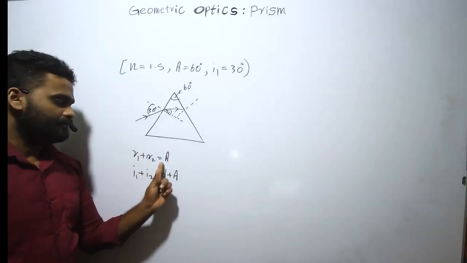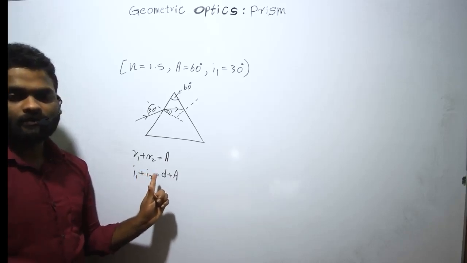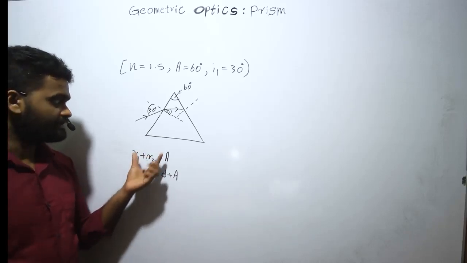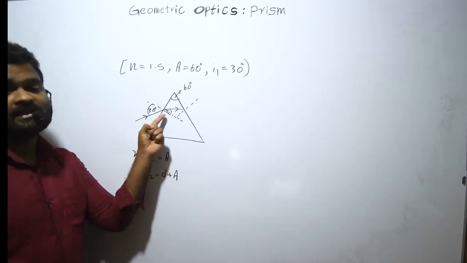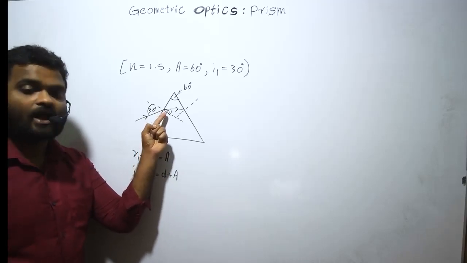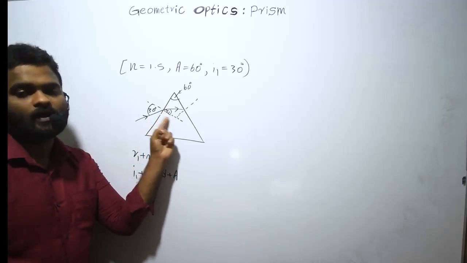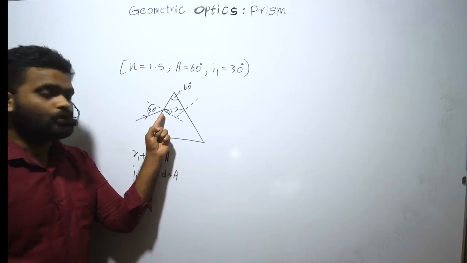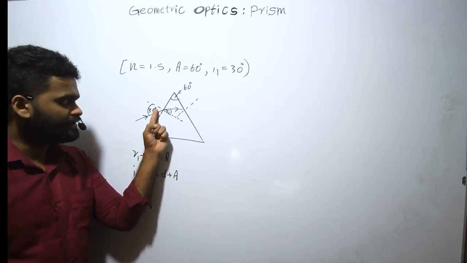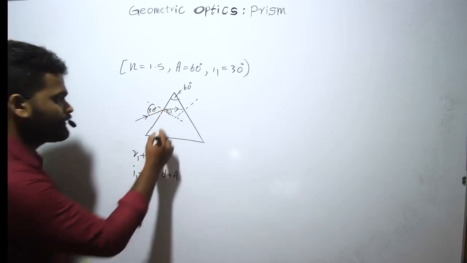So we can directly use these now. I mean, you can, but you can see after that we cannot do anything. First thing, you need to find this R1. How to find this R1? You have to apply Snell's law at this position.